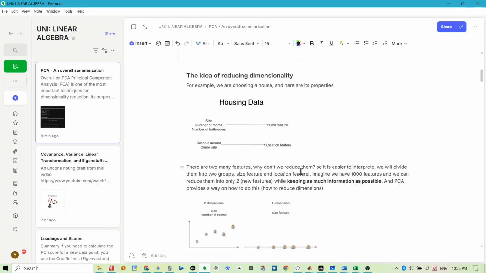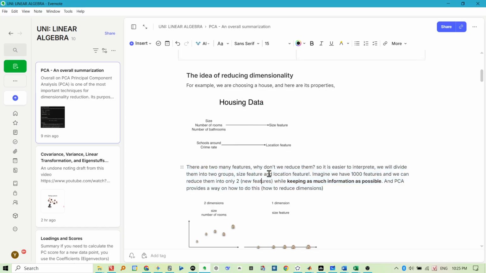We group them. For example, we will group similar features into a size feature, and we will group schools around and crime rate into a location feature, and it will find the most efficient way to keep as much information as possible.